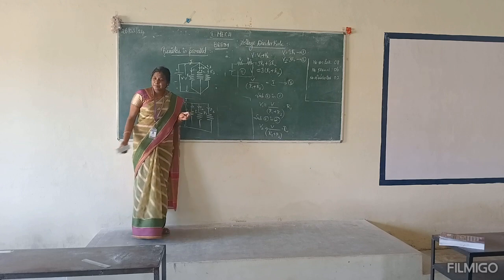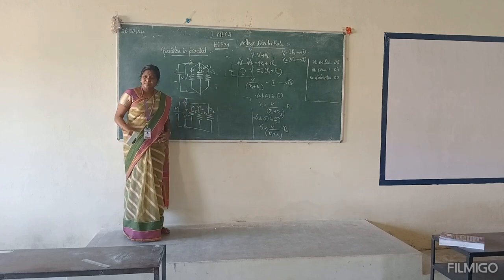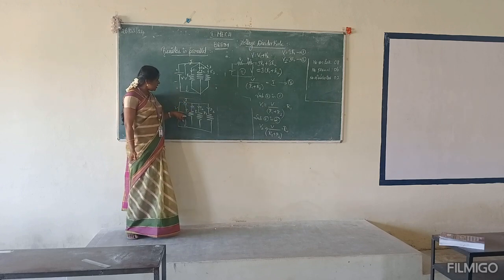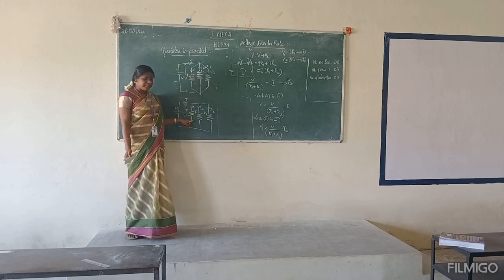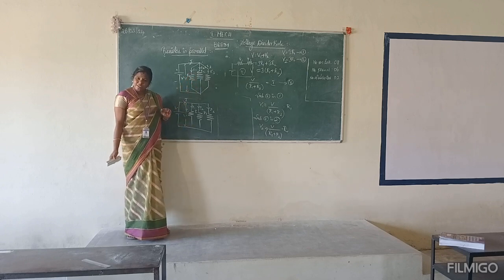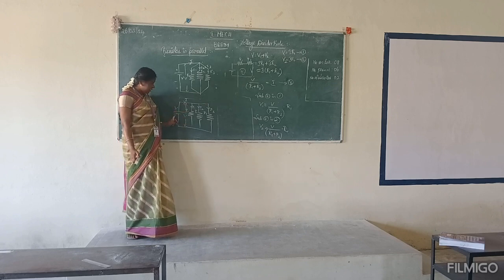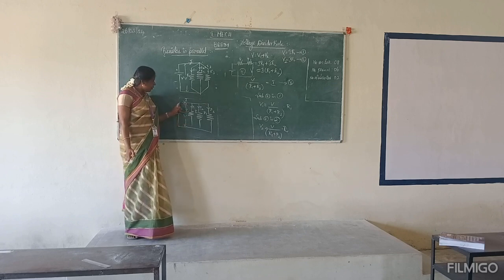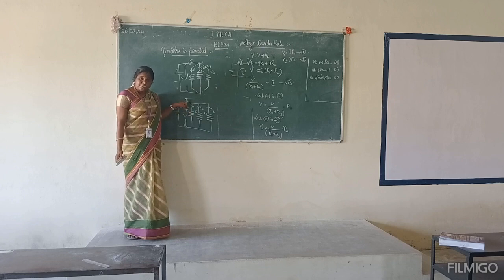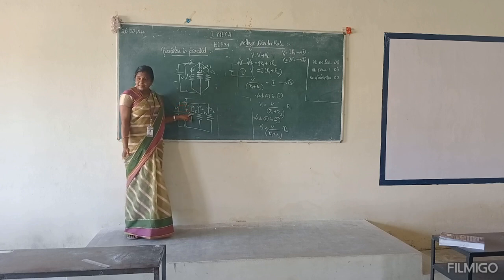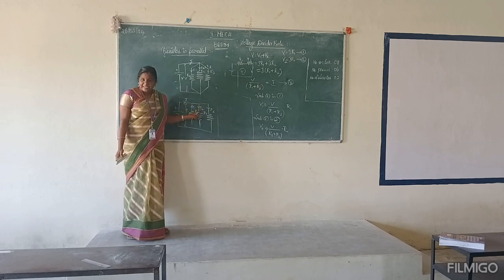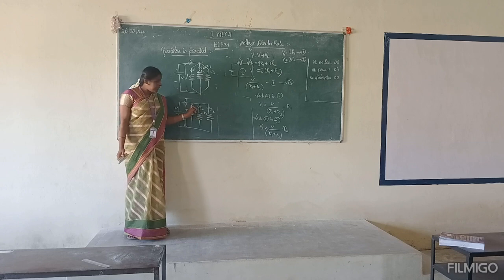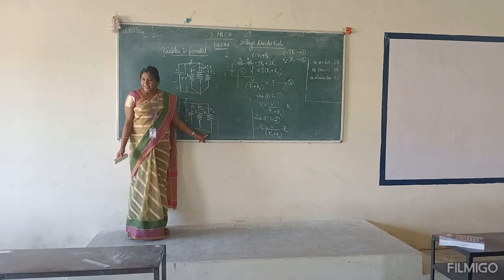Both the circuits are the same. See the circles, R1, R2, R3, same. The circle can be drawn like this. Which means what? In R3 there is a voltage V, and some amount of current is flowing, which will get divided in the first branch. Again, the remaining current will flow, and some current will get divided in the second branch. Again, the remaining current only will flow in R3.